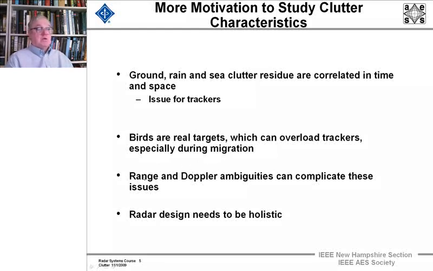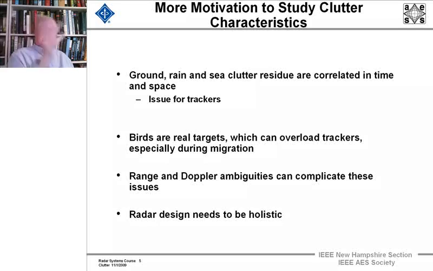And we're also going to be talking about range and Doppler ambiguities. That is, a characteristic of sampling in the frequency domain to do the Doppler processing digitally gives rise to Doppler ambiguities, which means that a 150-mile-an-hour target can be in the same Doppler cell as a 250 or a 50 mile an hour one.